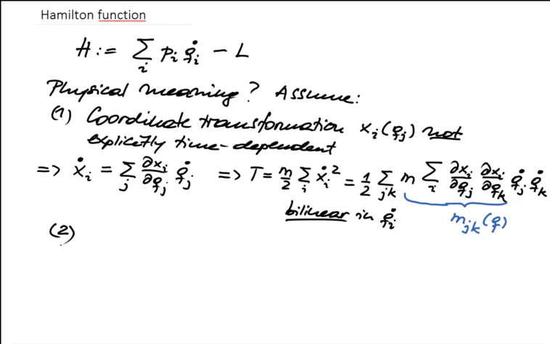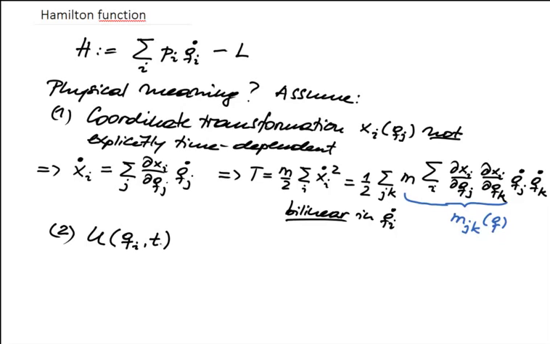Let's make a second assumption, which in a way is not really an extra assumption, but let me write it down anyway: that the potential as expressed as a function of the new coordinates may possibly depend explicitly on time. Say if you have some driven system, or a system in a time-dependent external field, then the potential may depend explicitly on time.